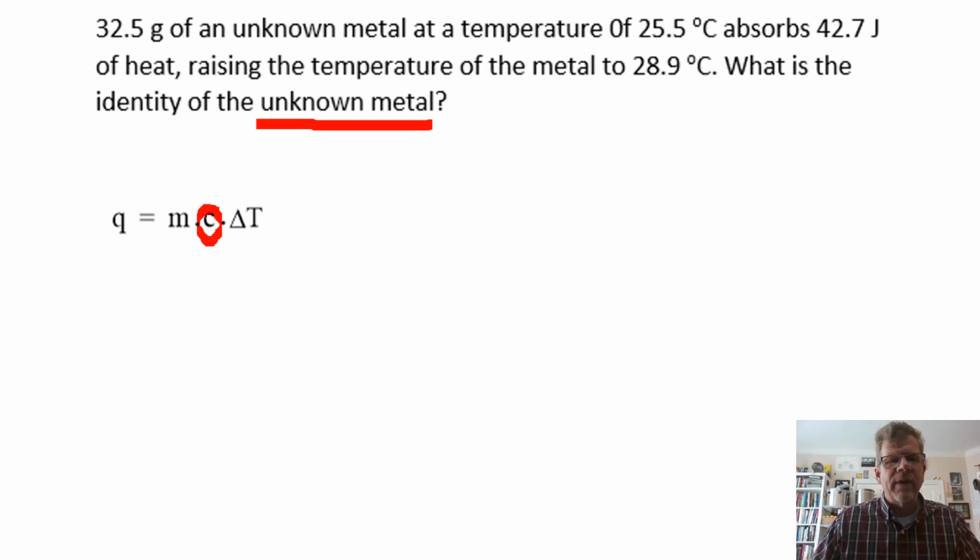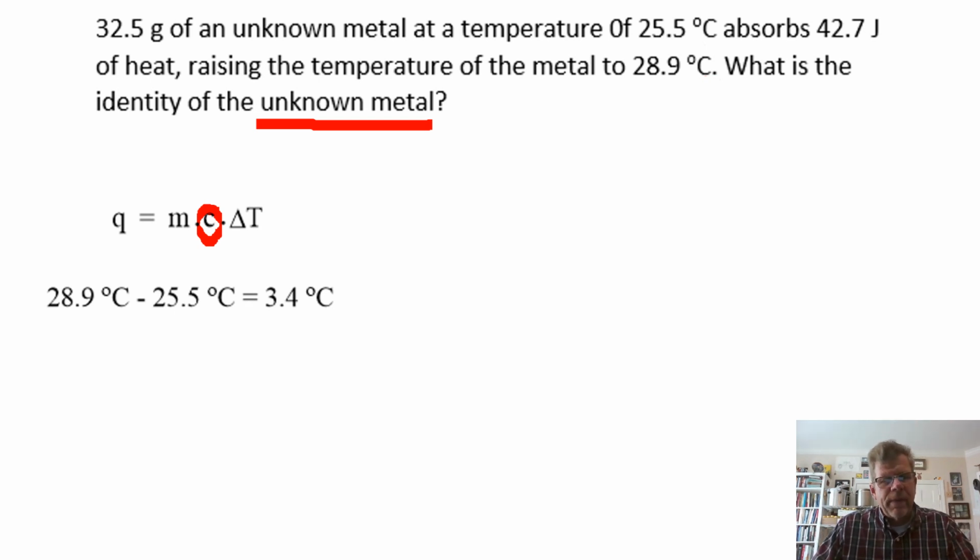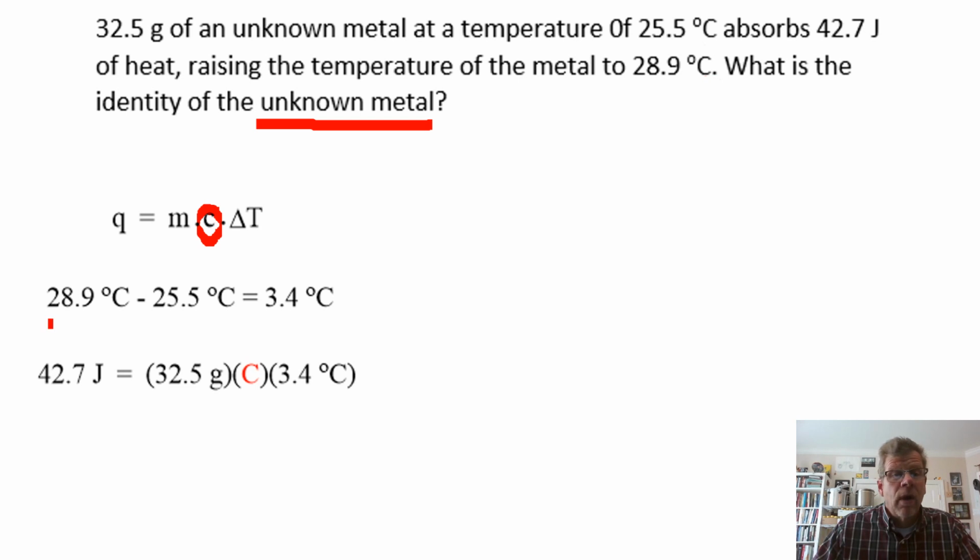So that is going to be our benchmark. That's what we're going to be looking for here. And indeed, we will be able to put all this together. Notice that I said before, if we subtract an initial and a final temperature, we get the delta T. That is what this is.